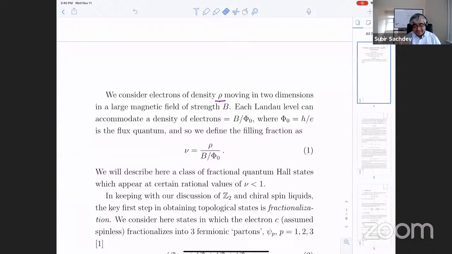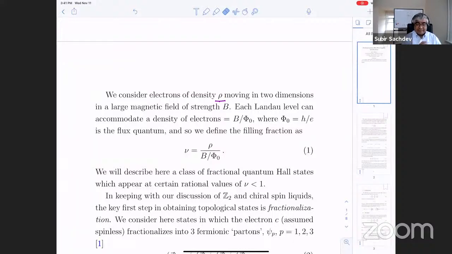So I'm not going to take the historical development. I'm just going to describe this by the approach we've been using, which is the parton construction. And from the parton construction, you can even write down and deduce Laughlin's wave function. But more powerfully, you can deduce the edge state theory, the bulk theory, the fractional statistics. Everything comes out very naturally, in a way very similar to what we just did for the chiral spin liquid.